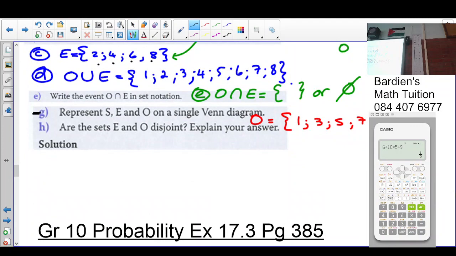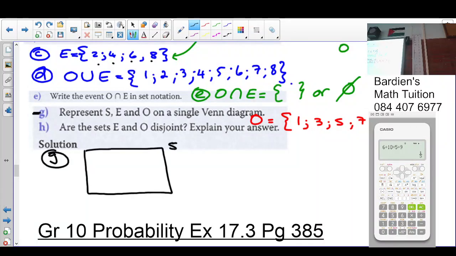So what did we say for the Venn diagram? We're going to make a box. That's your sample space. Not so?